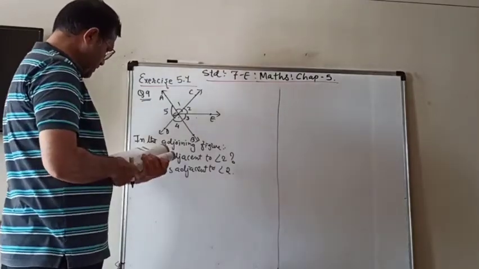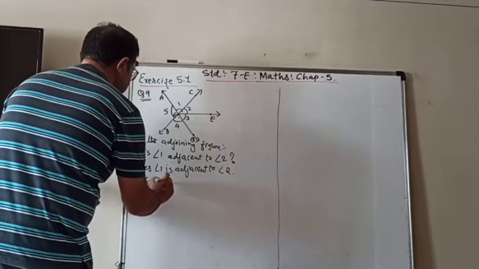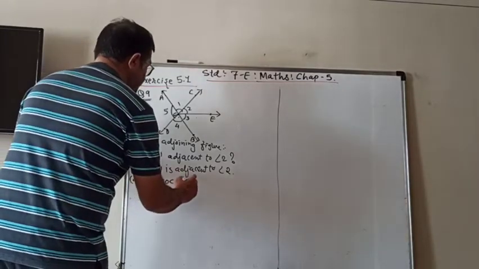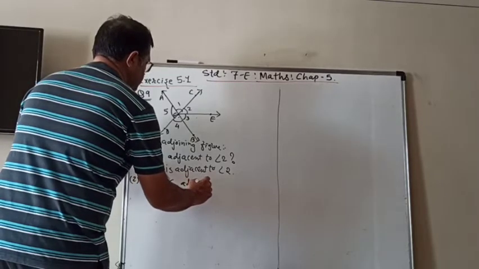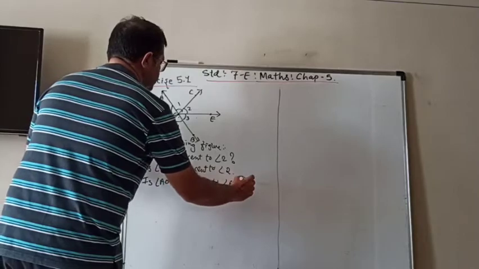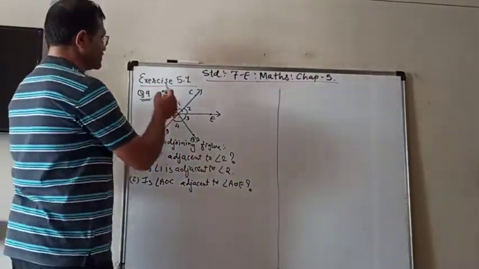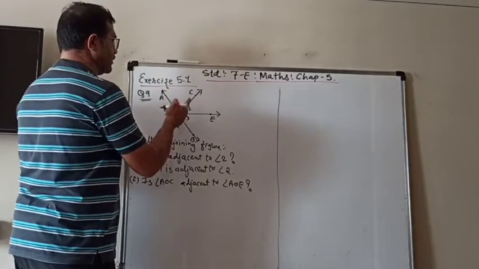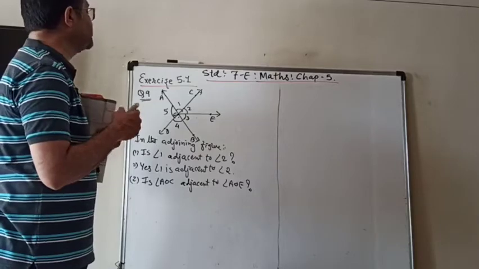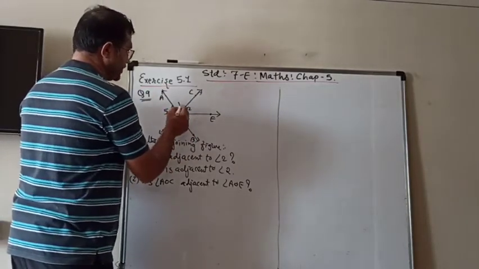Second, is angle AOC adjacent to angle AOE? Angle AOC means angle 1, and angle AOE means the whole angle. So angle 1 and the whole angle.